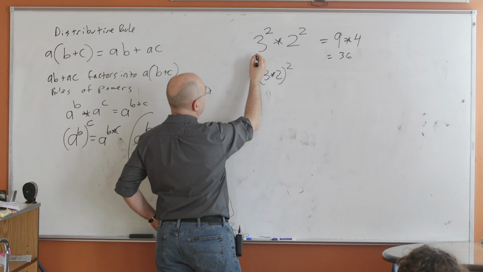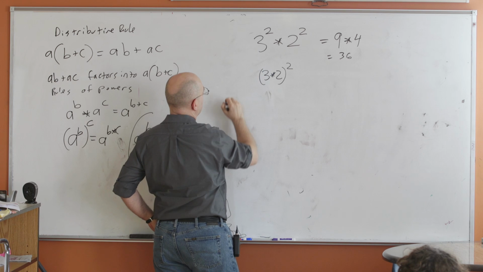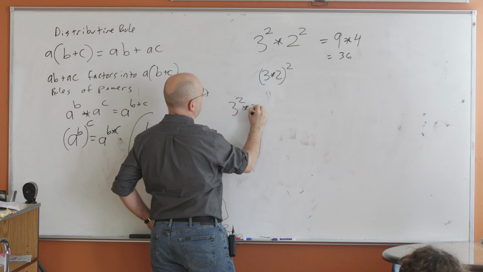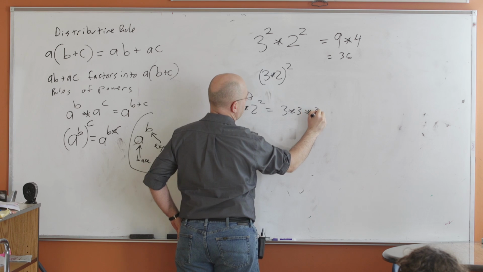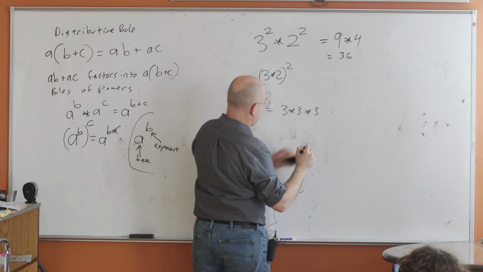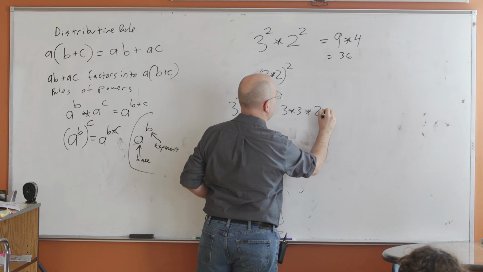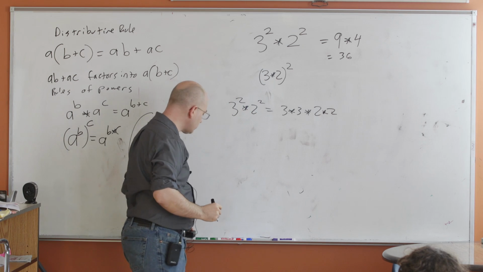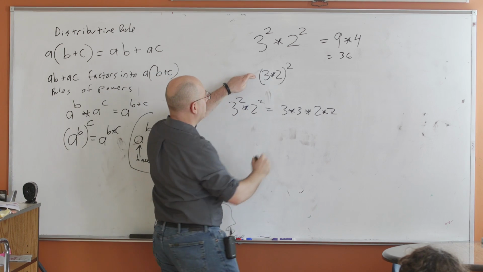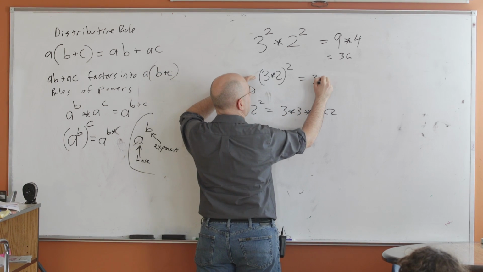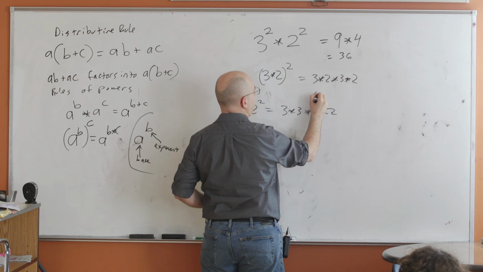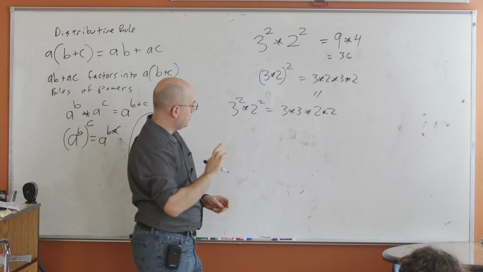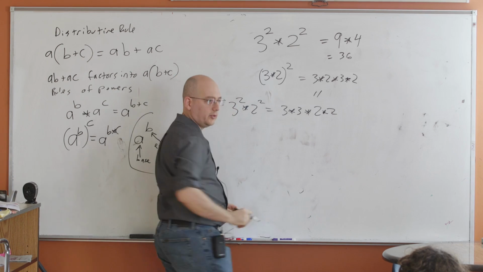And why does that work? Well, 3 squared times 2 squared is 3 times 3 times 2 times 2. All right, and what's this thing? This thing is 3 times 2 times 3 times 2. And these two things are equal because you can just flip the multiplications.